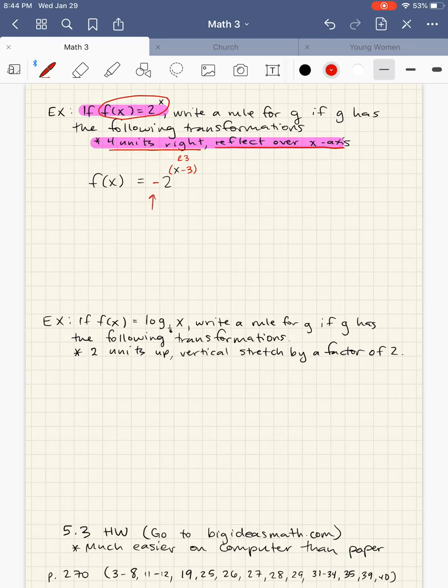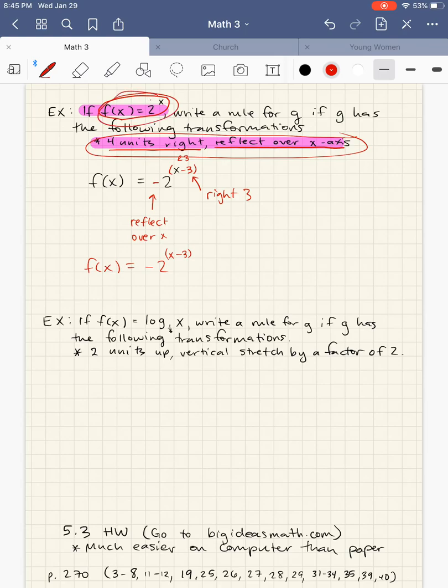And these two things, this is going to reflect over x, and this is going to move right 3. So this equation, f of x equals negative 2 to the x minus 3 power, is going to make these changes. So you basically start with the equation they give you and see if you can make adjustments so we'd get to something like this.